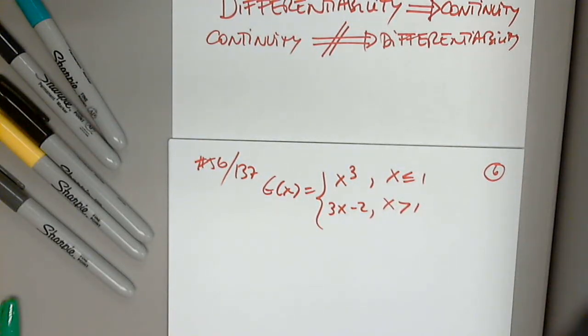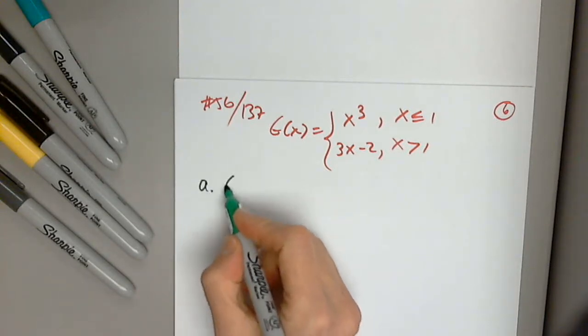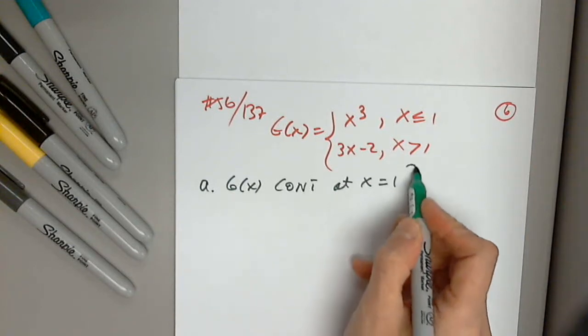Two questions. Verify that g is continuous at x equals 1. Is g differentiable at x equals 1? Why or why not? So part A, g of x continuous at x equals 1.